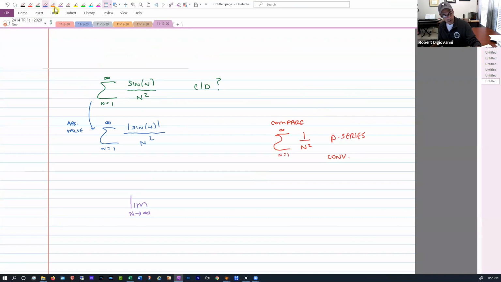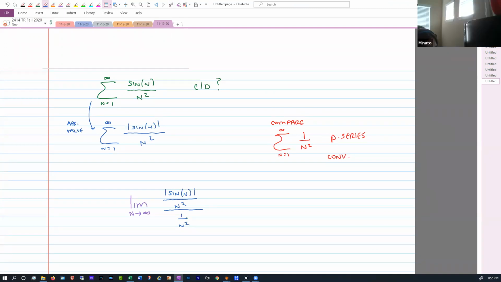And the limit I'm taking is the sequence here, absolute value of sine n, over 1 over n squared, right? And what do we get? Just the absolute value of sine n.